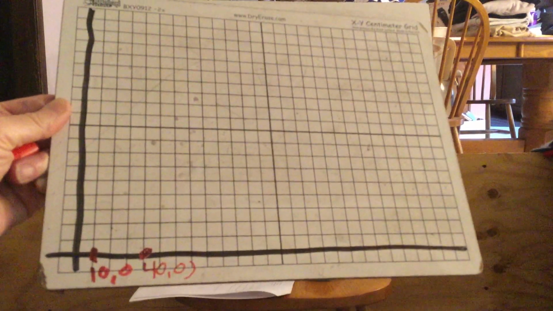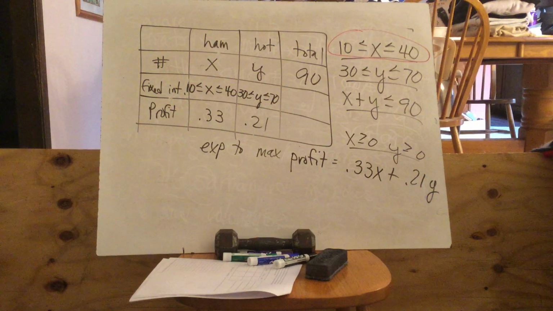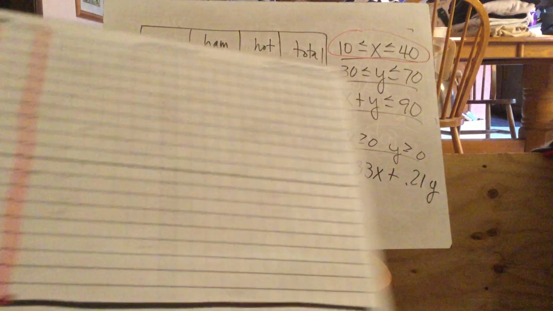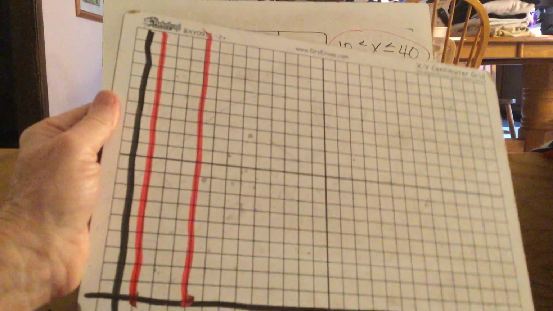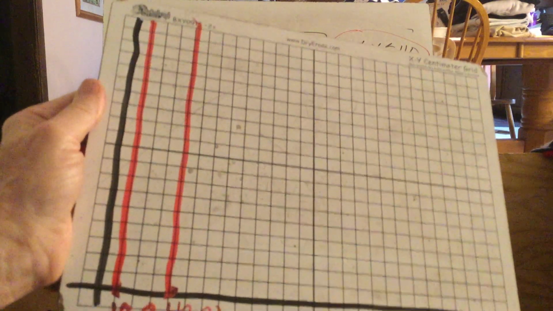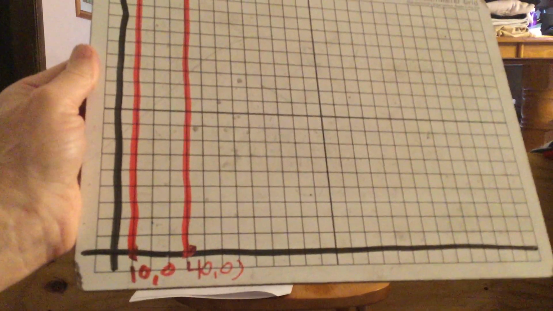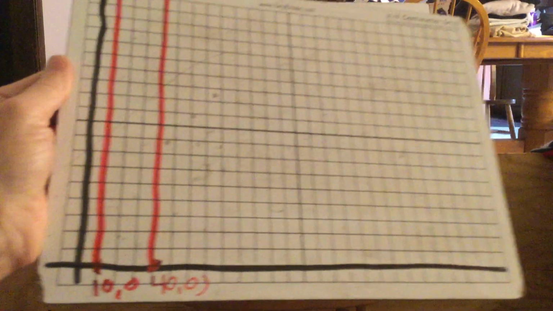I'm using a scale of 10. And then I'm going to draw vertical bars straight up. Y doesn't have anything to do with this problem, so I don't have anything on the Y-axis. Draw that vertical bar straight up. So that bar indicates all the points that have X values between 10 and 40.